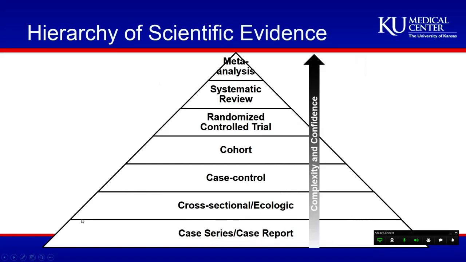You often see this in the pyramid form, where we have the hierarchy of scientific evidence. You can see randomized controlled trials are right here, technically at the top of the pyramid for individual studies, because above that are two approaches that are actually kind of the same thing for synthesizing the results of many randomized controlled trials that might actually have conflicting evidence, to try to get at a better, more focused view of what the association actually is.